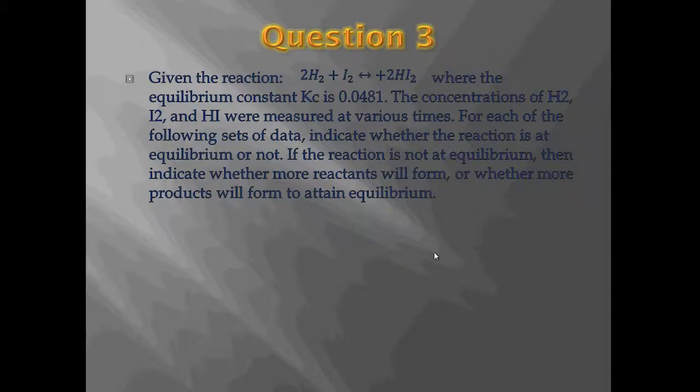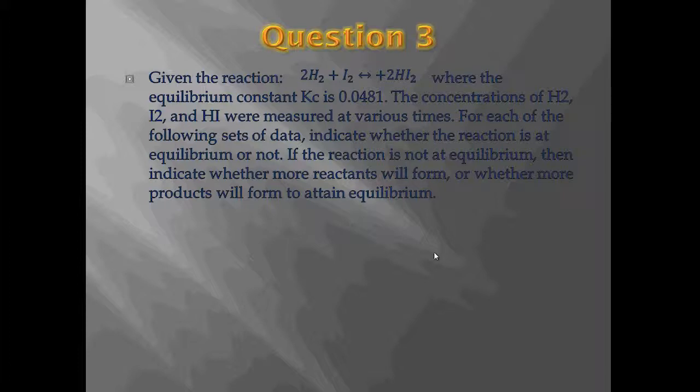Question 3. Given the reaction 2H2 plus I2 is equal to 2HI, where the equilibrium constant Kc is equal to 0.0481, the concentrations of H2, I2, and HI were measured at various times. For each of the following sets of data, indicate whether the reaction is at equilibrium or not.